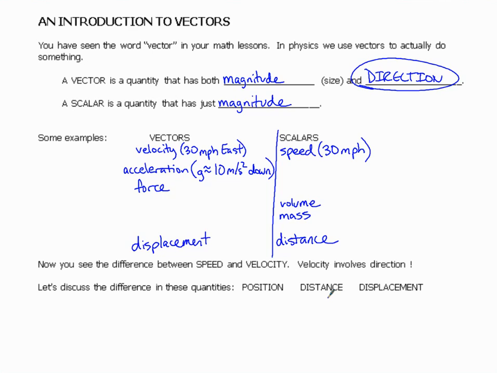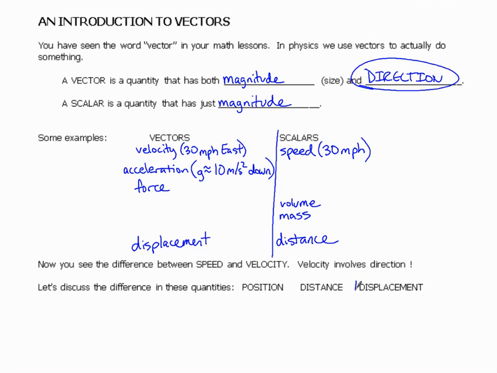Distance has a magnitude. So let's say that I moved 2 meters from my original position. We have distance. But notice that I didn't tell you the direction. I didn't tell you which way that I moved, only that I went 2 meters. And that's a scalar.